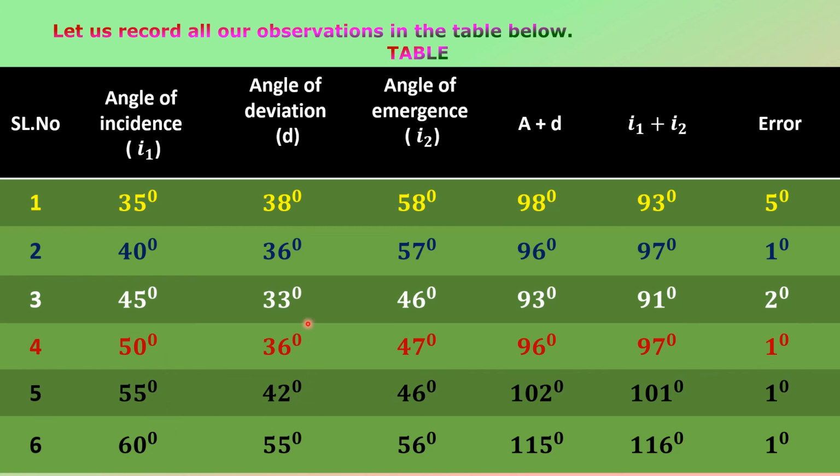And the minimum angle of deviation is capital D. We can find the minimum angle of deviation by using a graph. That means we are going to draw a graph between the angle of deviation on the y-axis and the angle of incidence on the x-axis.